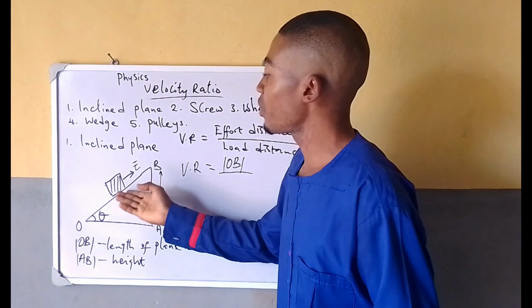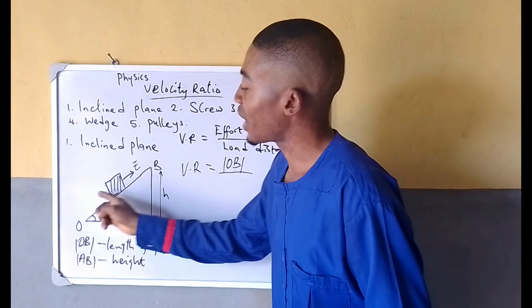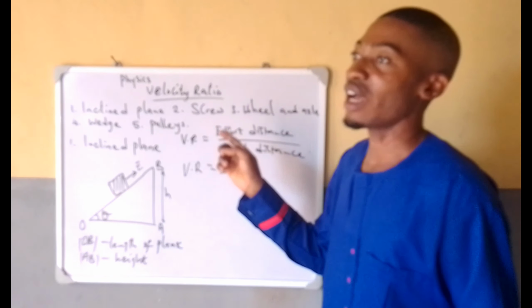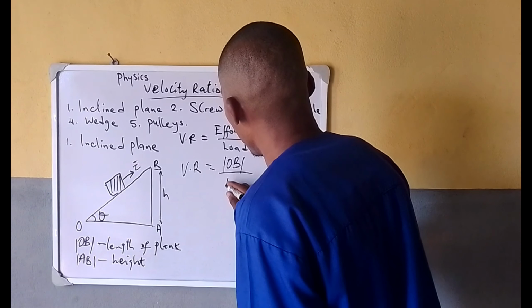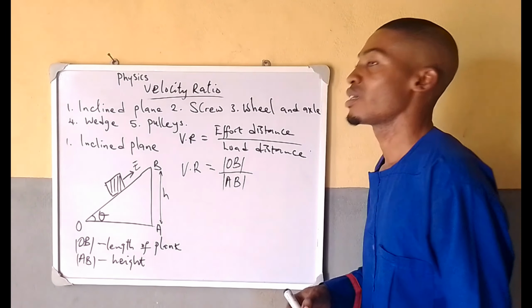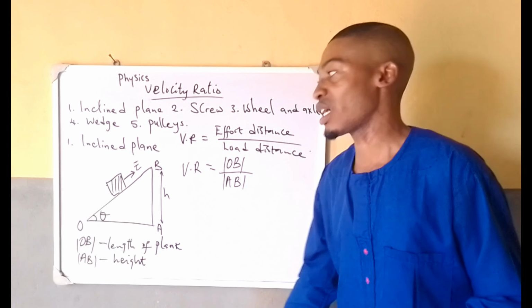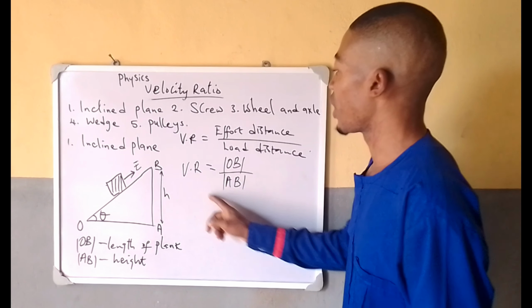You are using a plank to carry out the task, that's why the load is going through this other distance. So that distance is equal to AB, which is equivalent to the height of the base of the lorry from the ground. So this is the formula we have as velocity ratio.